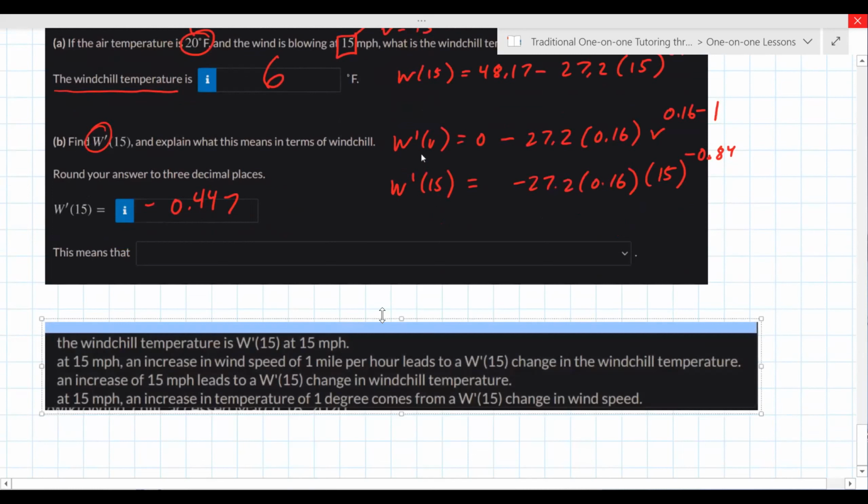Okay, now we can grab the last part here. It says, at 15 miles per hour, an increase in wind speed leads to a... So the correct answer is B. It's about matching the units. It says 1 mile per hour.